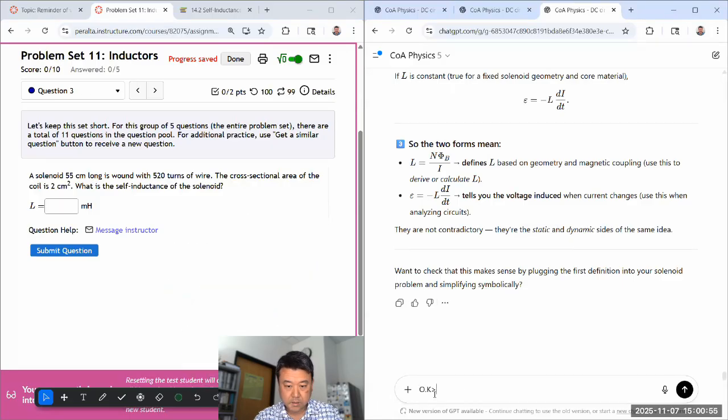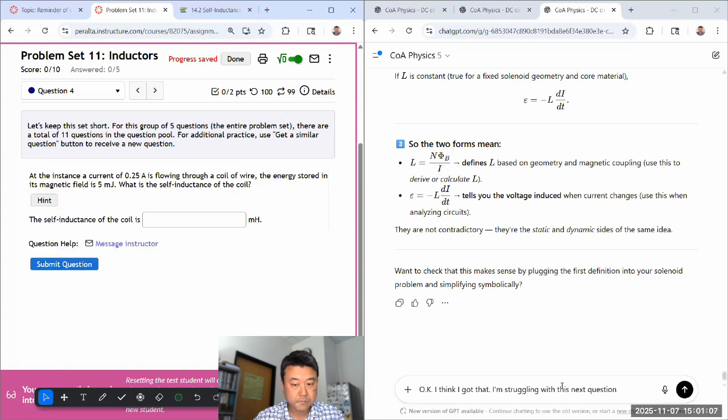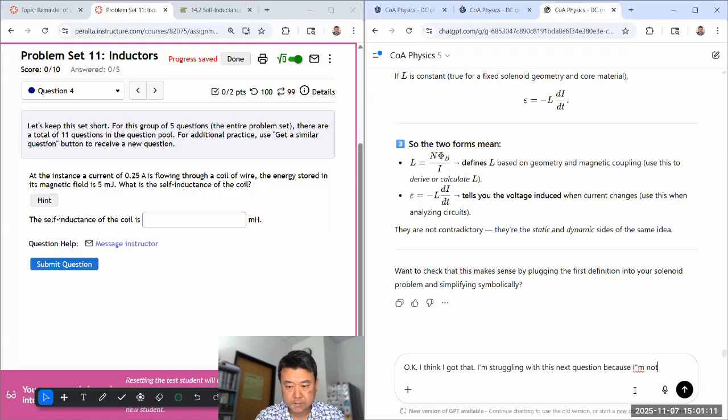So okay, I think I'm struggling with this next question, the one that I said I would get to, because I'm not given any parameters of the coil. How am I supposed to answer this?